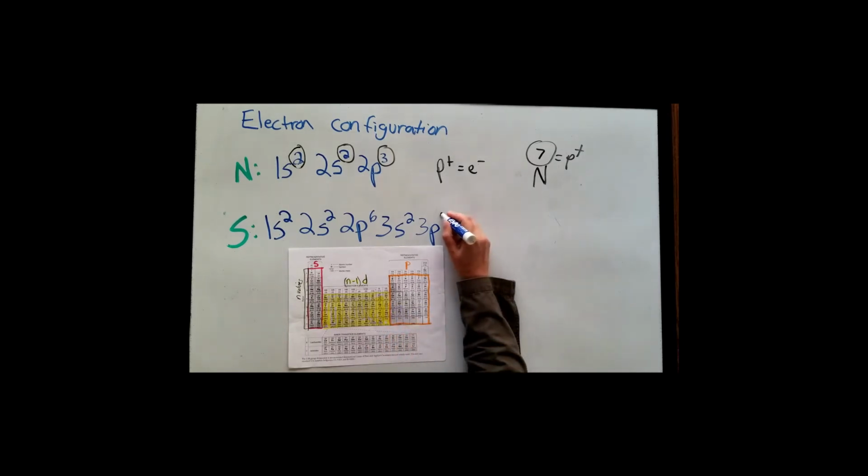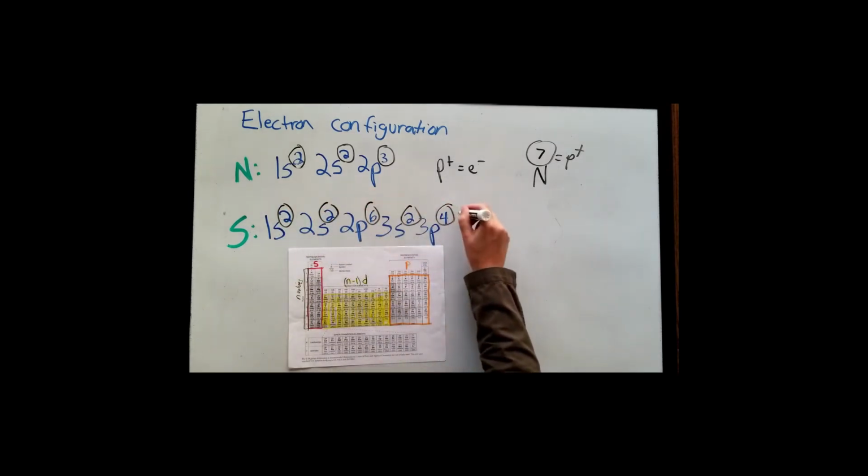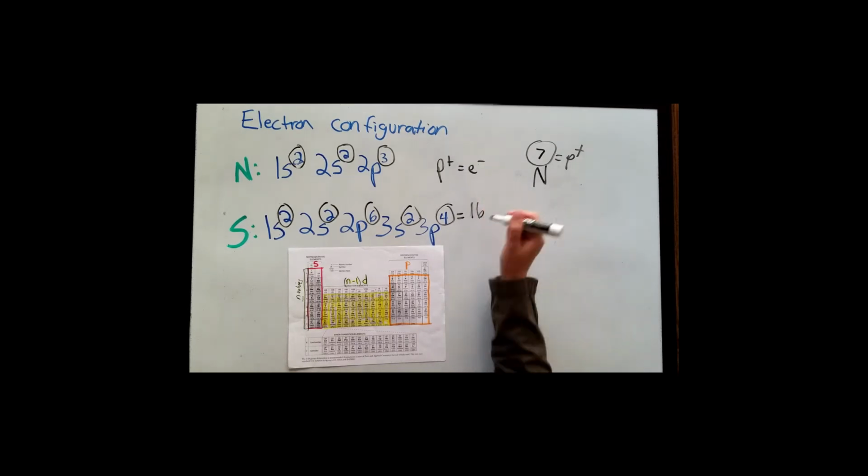It's the 4th one in, so 3p4 will describe sulfur. Now, to double check, I can always count, and these should equal, in this case, 16, because that is the atomic number of sulfur.